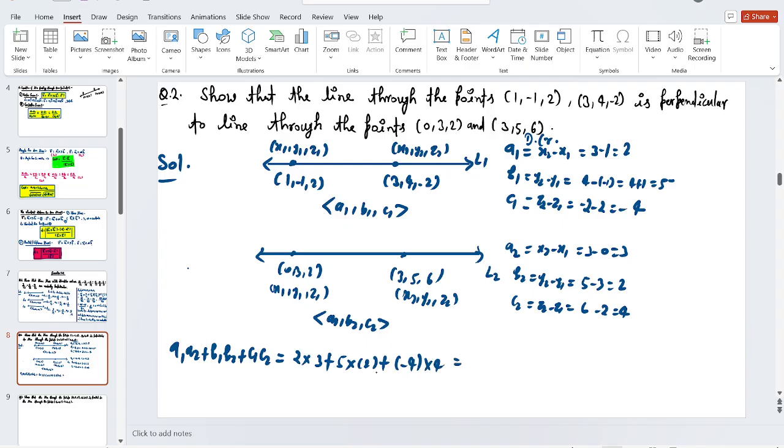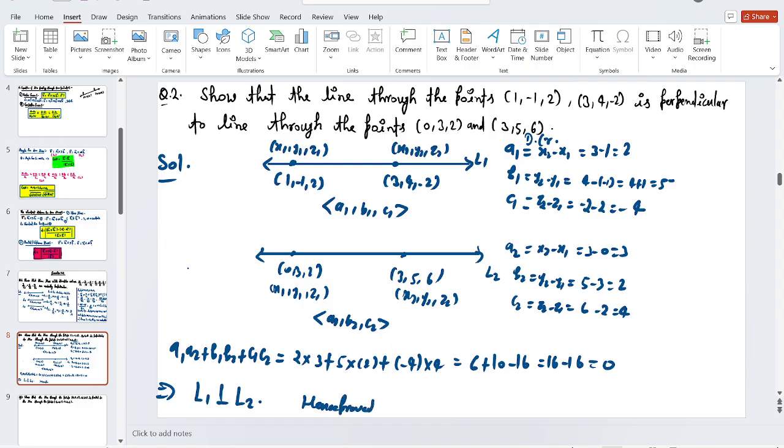Simplify it: 2 times 3 is 6, and 5 times 2 is 10, and 4 times minus 4 becomes minus 16. It becomes 16 minus 16. You see that a1 a2 plus b1 b2 plus c1 c2 equal to 0, where a1 b1 c1 are the direction ratios of the first line and a2 b2 c2 are the direction ratios of the second line. So it means that line L1 is perpendicular to L2. Hence proved.